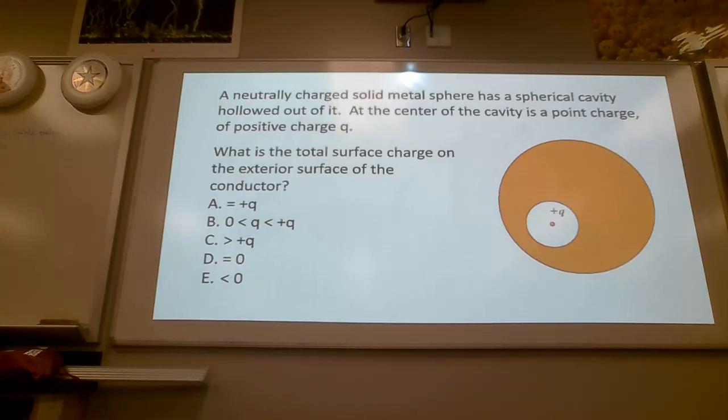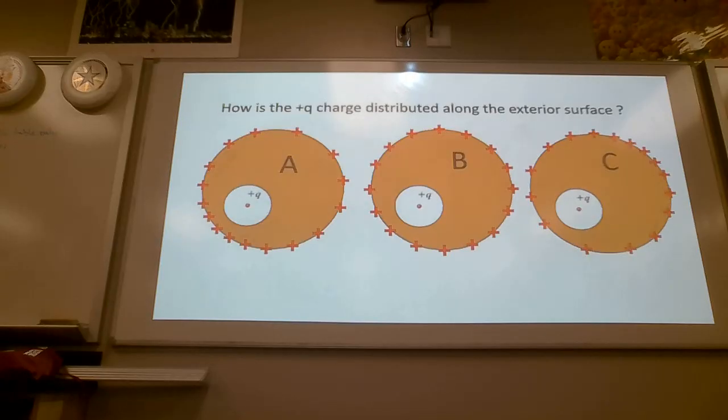You're thinking Gauss's law, is this making sense? Like how this all flushes out here?